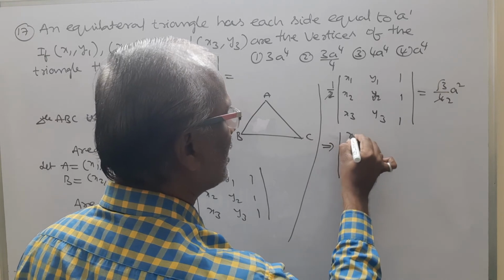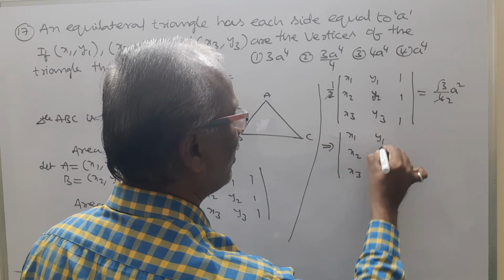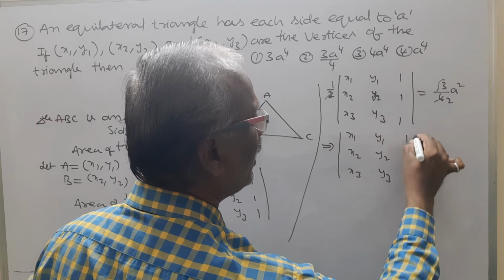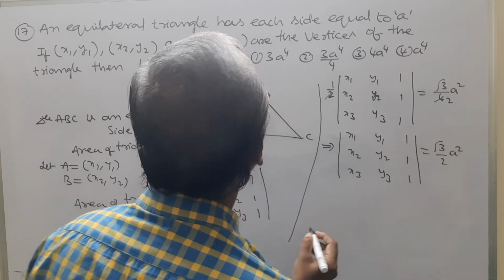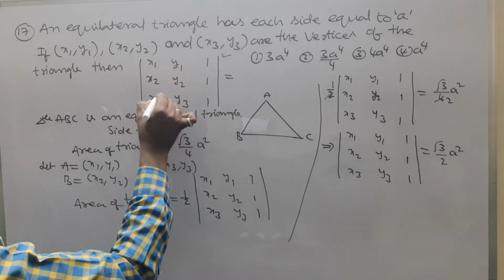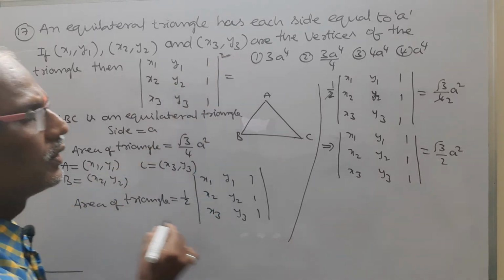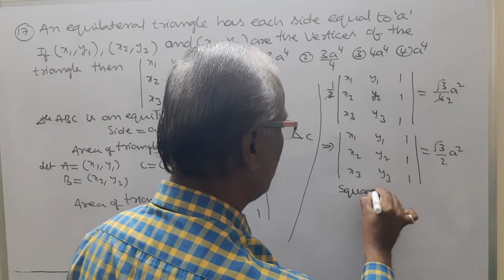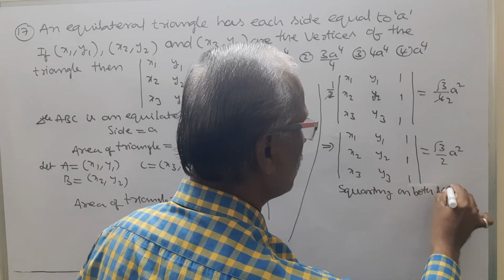Determinant of x1, x2, x3, y1, y2, y3, 1, 1, 1 equals root 3 by 2 a square. In the question we need to find the determinant square, so squaring on both sides.